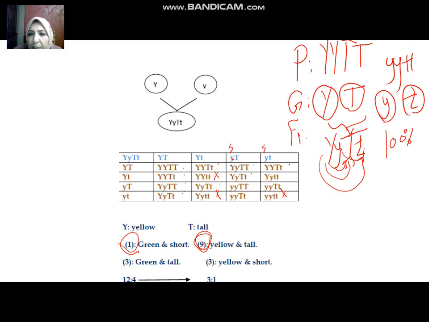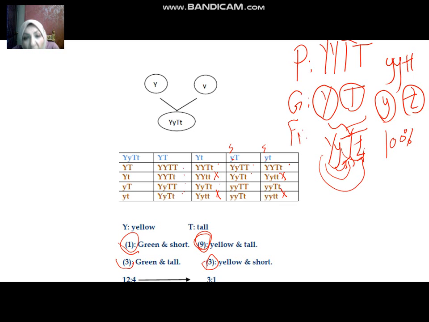And this, no, we want the first dominant. This, no, the second is dominant. This, yes, the first dominant trait. So we have 3 individuals which carry the first dominant trait, yellow seed, and the second recessive one, which is short stem.